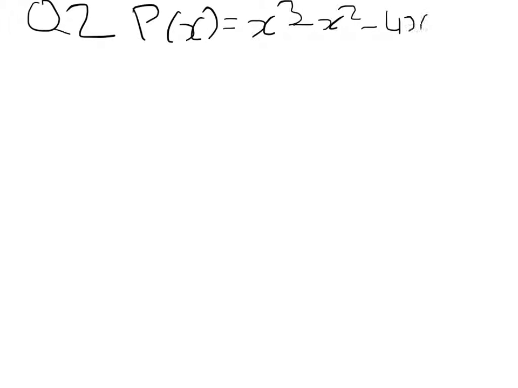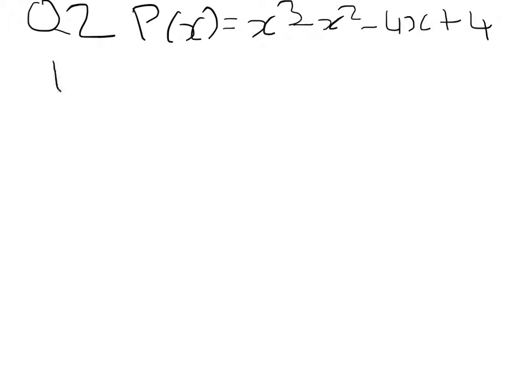Now on to a more advanced question. P of x is equal to x cubed minus x squared minus 4x plus 4. Now we have to use trial and error to find the x value that makes p of x equal to 0. This x value gives us one factor of the polynomial p of x. So let's substitute a number.